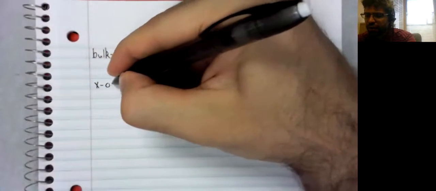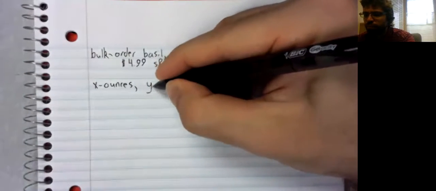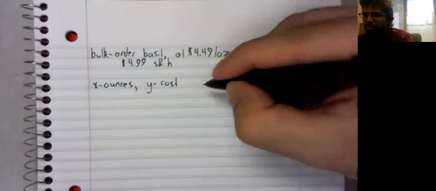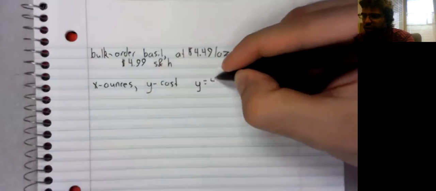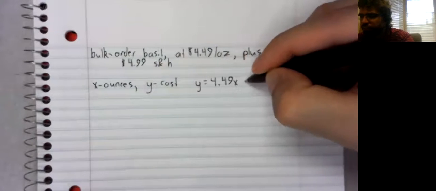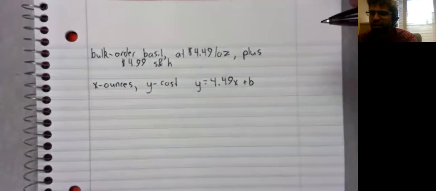And here x is the number of ounces you order, and y is the cost. And we've gotten as far as this.